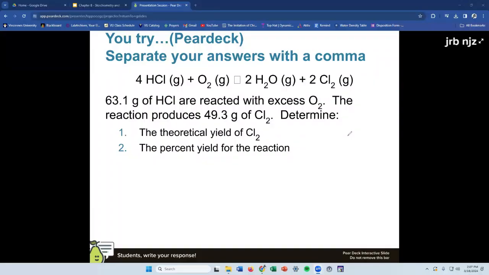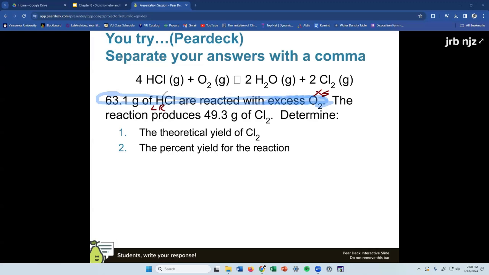All right, let's go ahead and figure this out. So the thing that we have to focus on here is we have two pieces of information that are both really important. So first of all, we are told that we have 63.1 grams of HCl that are reacted with the excess oxygen. The fact that we are told that this oxygen is excess should right away tell us that this is the excess reagent and that this is the limiting reactant.